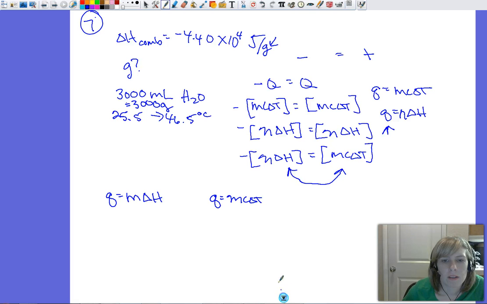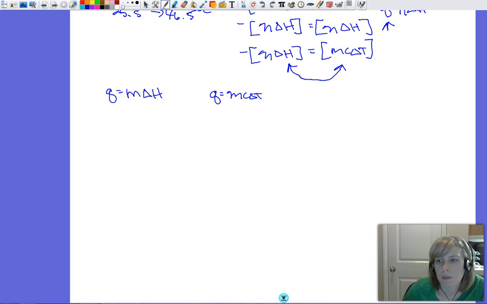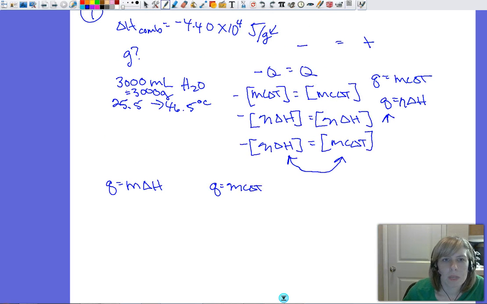So our final setup's going to look like this. The one that's going to be losing the heat, and in a combustion reaction, that's going to be the one that's burning.